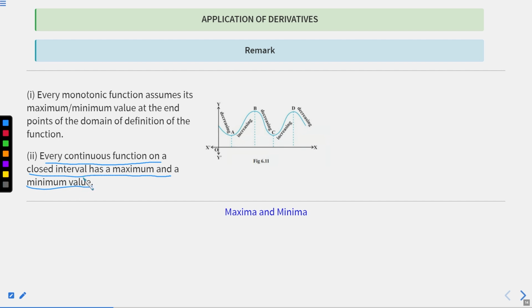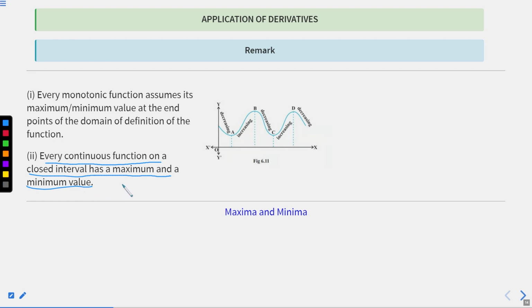If you have a continuous function defined on a closed interval, then it will have a maximum somewhere in the closed interval and a minimum somewhere in the closed interval.